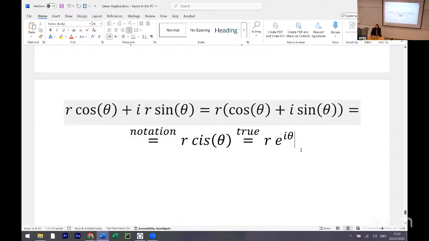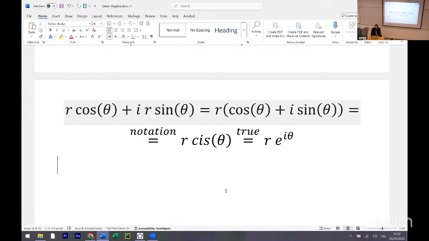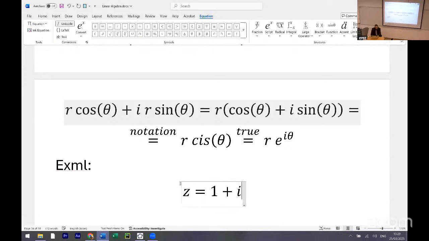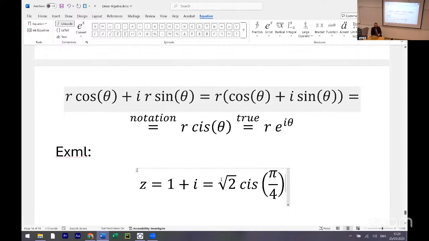So for the example above, given the number 1 plus i, we said that the distance is the square root of 2, and the angle was pi over 4. So that's the way we write the geometric version of the complex number.